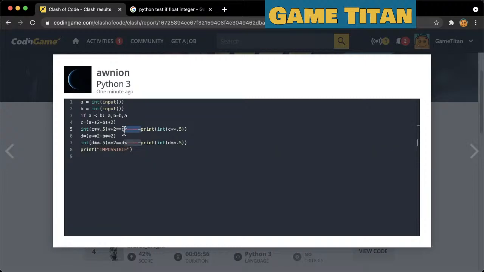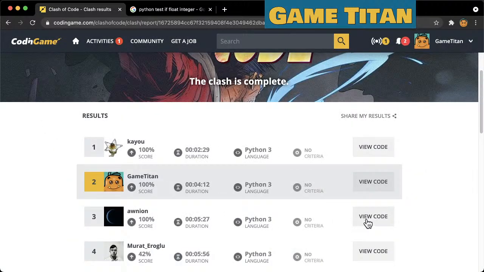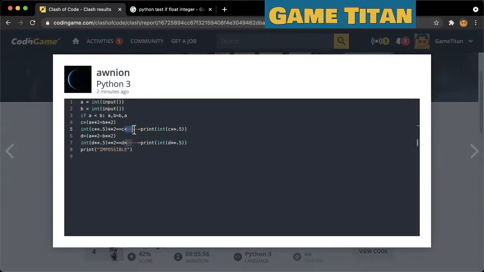What is this? Does this run? I've never seen this before. I have no idea how this works. Does this compile? Python 5.3 operator?